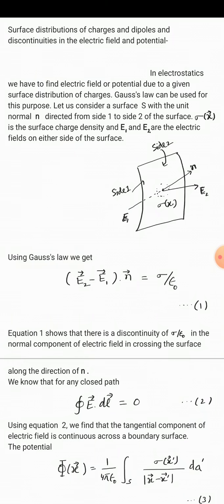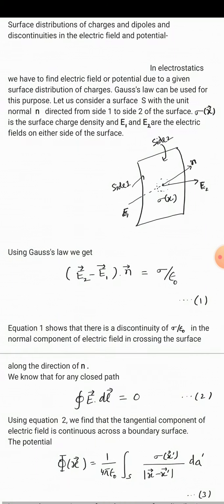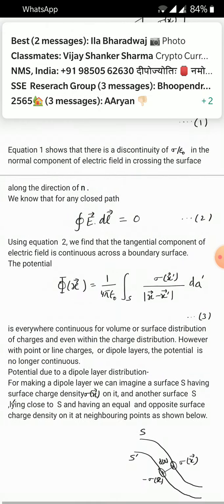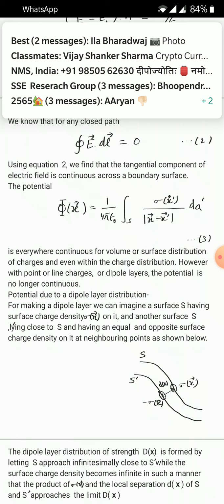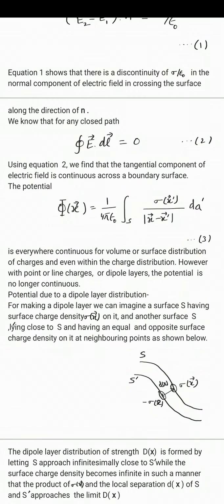And what about the potential? The potential can be written as phi of x. So the potential phi of x is equal to 1 by 4 pi epsilon naught, integral over the surface S sigma x dash, and in the denominator we have modulus of x minus x dash, dA dash, as equation 3.